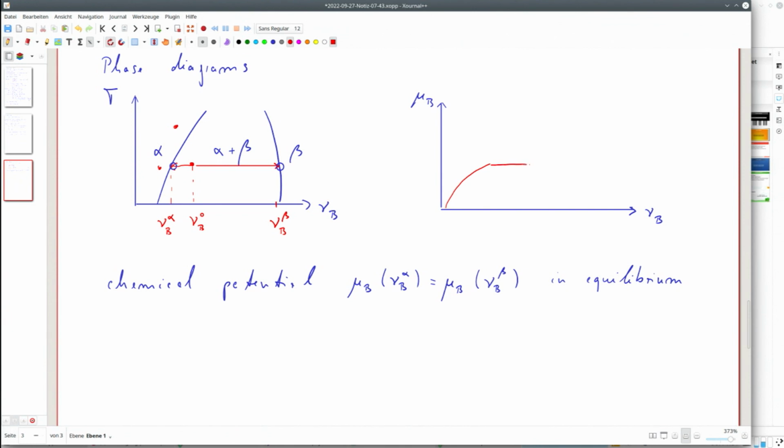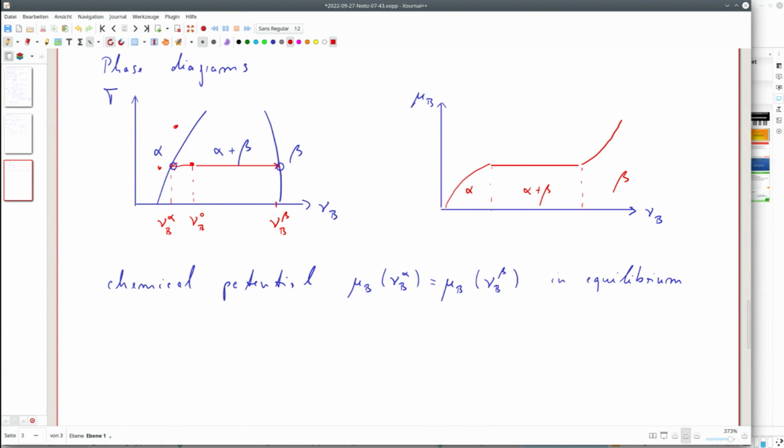And then we have a region of constant chemical potential. And then it goes like this, perhaps. So that's the alpha phase. That's the beta phase. And now we try to revert this curve.